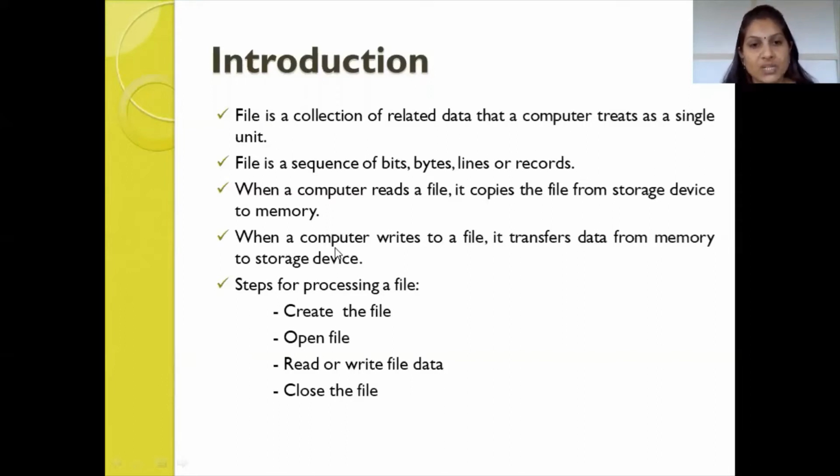Now, which steps do we have to follow when processing a file? First, we have to create that file. Then after creating the file, we open that file and perform reading or writing. And after completing reading and writing on that particular file, we close the file. So these are the steps for file processing.